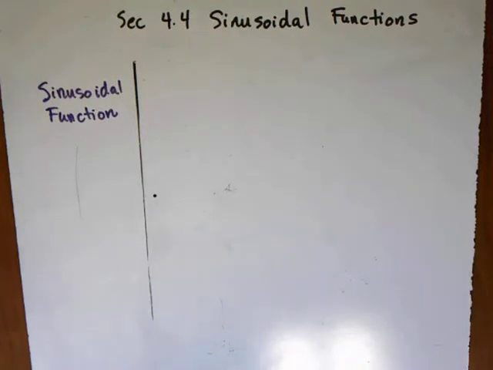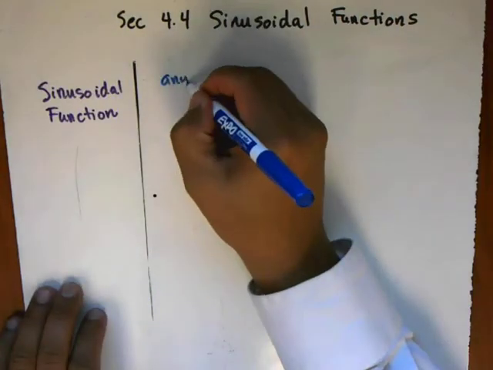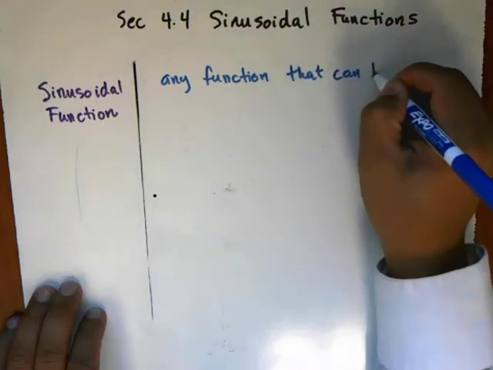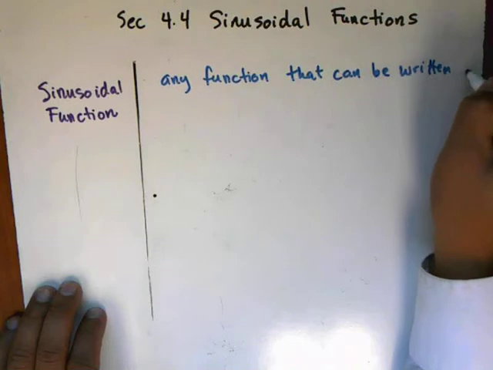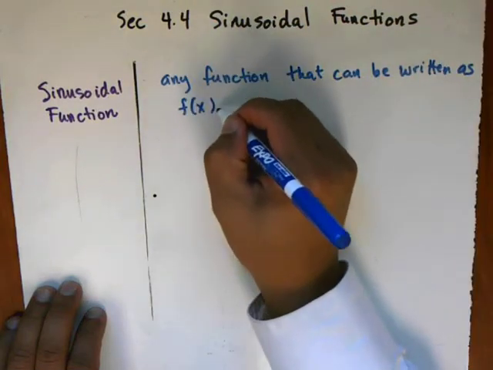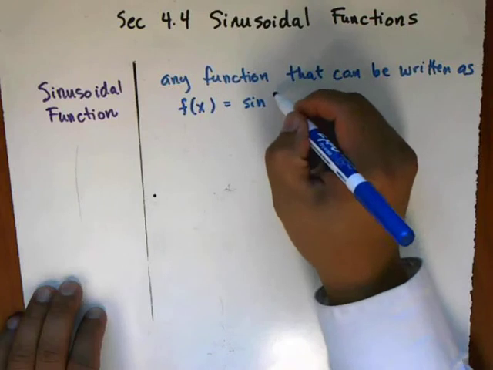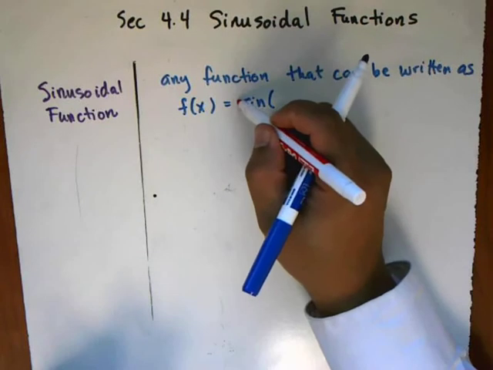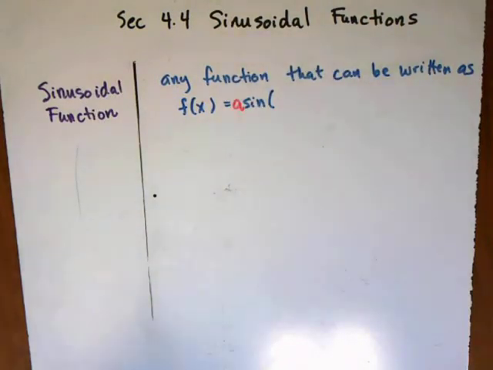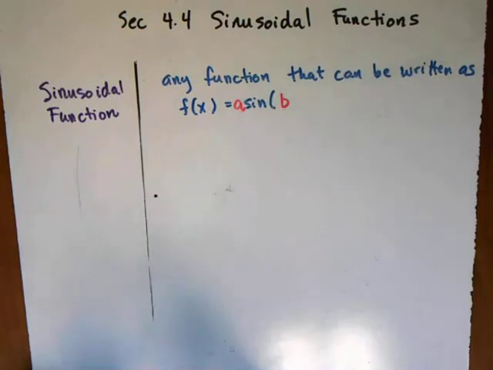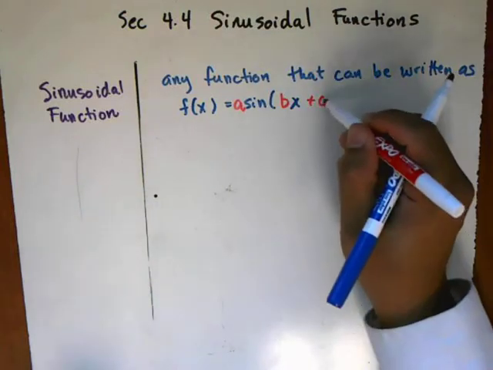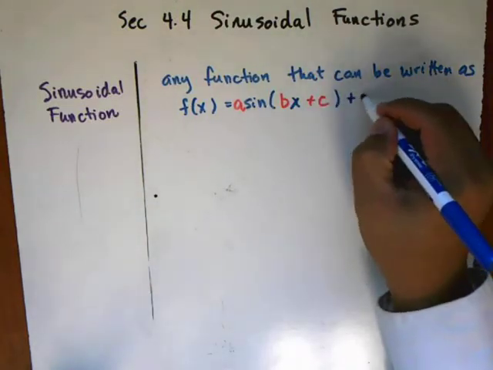So the first definition I have here is a sinusoidal function, and this is any function that can be written as f of x equals A sine, and I can do some transformations to this, so it can be written as A sine of bx plus c, plus d.